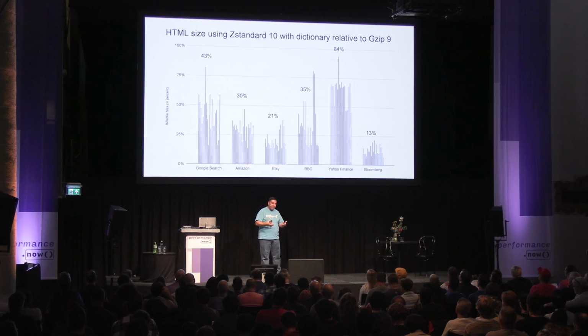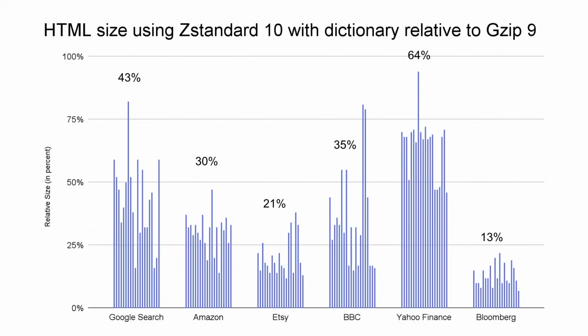It's not just static resources, so HTML content, using a generated dictionary, you can take all of the header of your page, the head of your HTML, the footer of your page, the general structure and layout of your pages, your data URI image placeholders, for example, all of that stuff that's common across your skeleton pages can go into a dictionary.